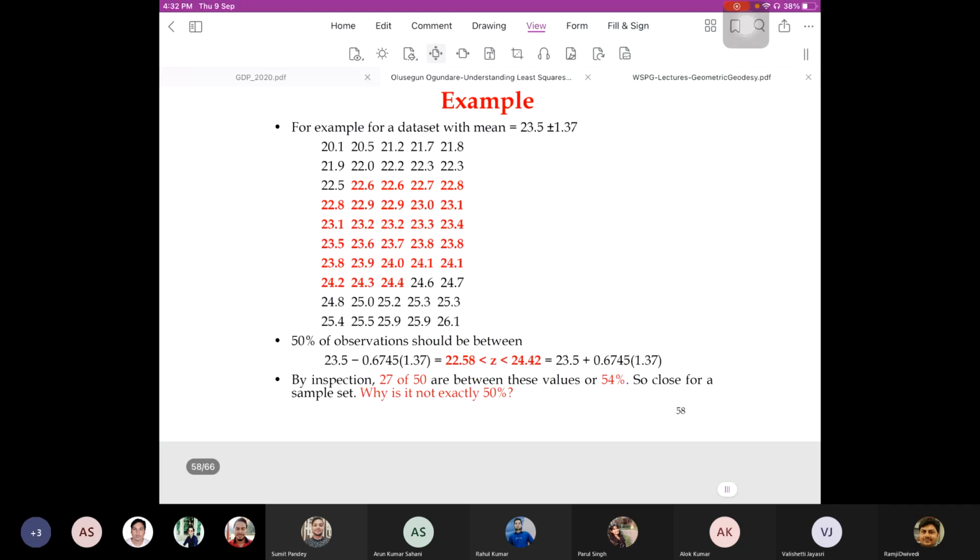We have a data set with a mean value 23.5 plus minus 1.367. This is always considered as sigma. So 50% of observations should be between 22.58 and 24.42 by following this principle, mu plus minus 0.6745 sigma.